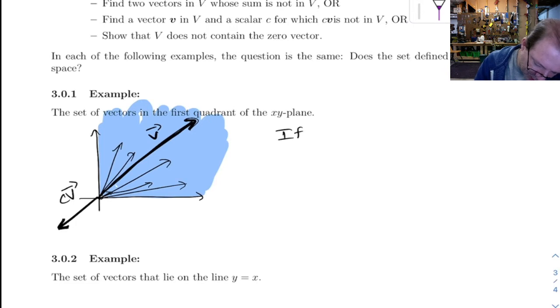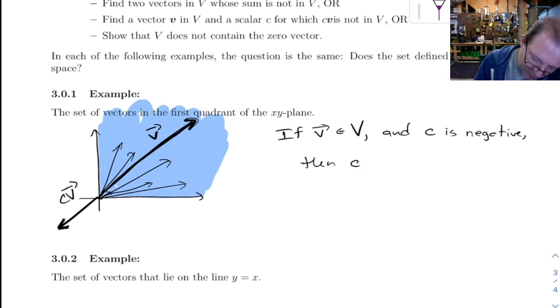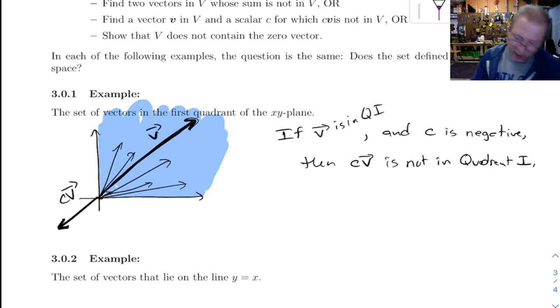So I guess what I would say is if v is in this set and c is negative, then cv is not in quadrant 1. Maybe I should say if v is in quadrant 1 and c is negative, then cv is not going to be in quadrant 1. So this is not a vector space.